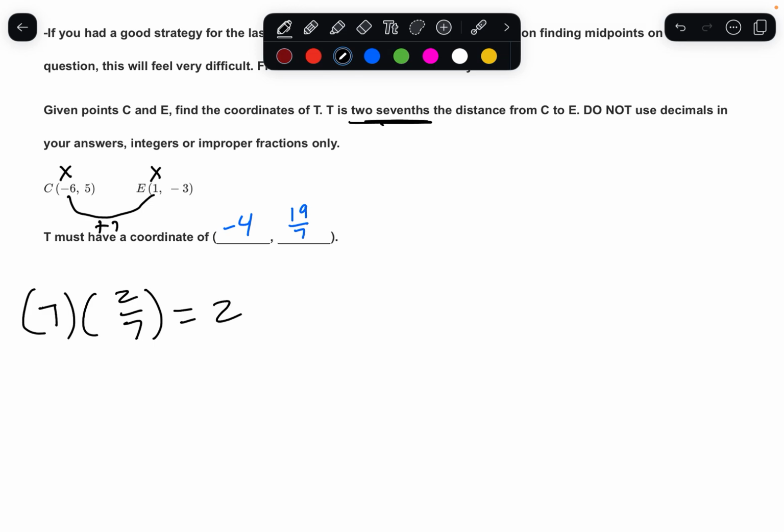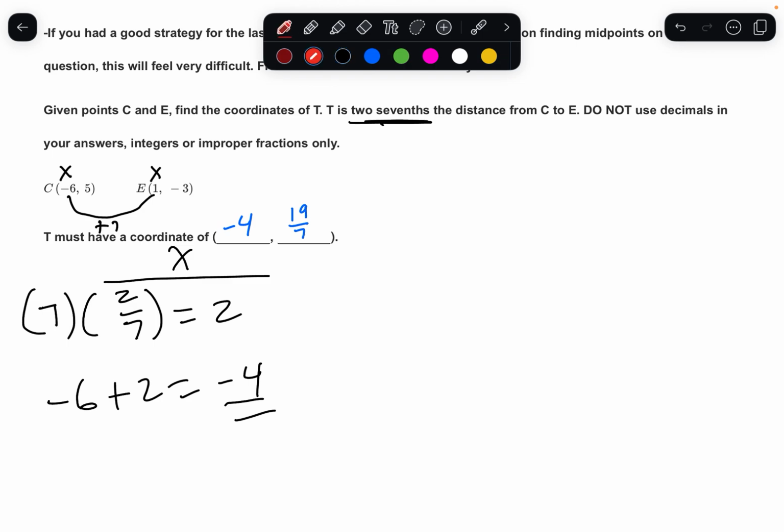The 7s cancel out. 2 is not the answer. I'm starting at -6. If I did -6 + 7, I would get 1, which is where the other end point is. I don't want to land there. I'm going to do -6 + 2, which is going to land me at -4. That is my x-coordinate.